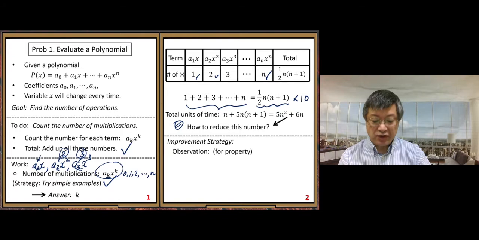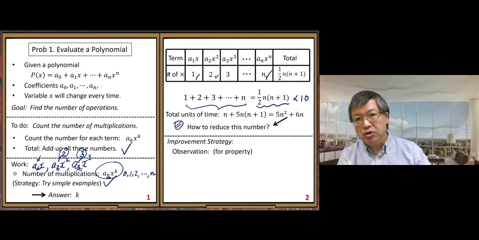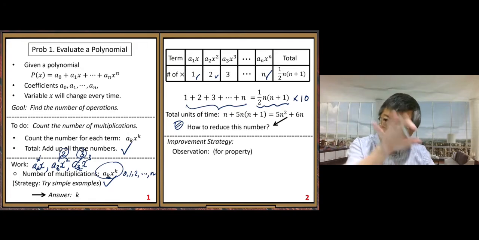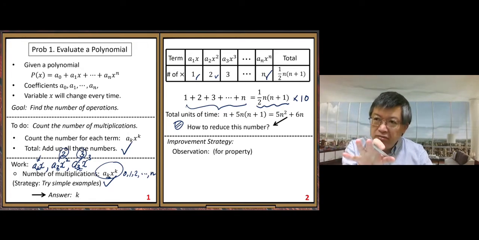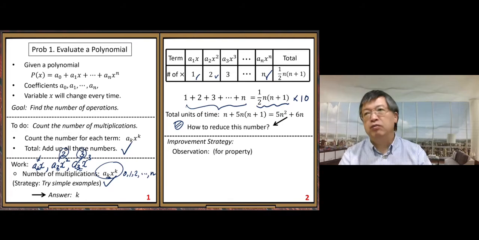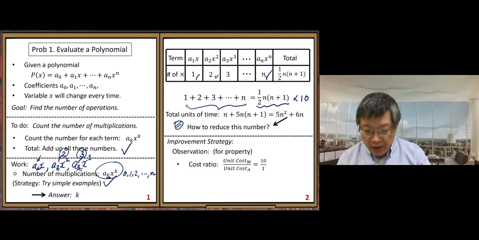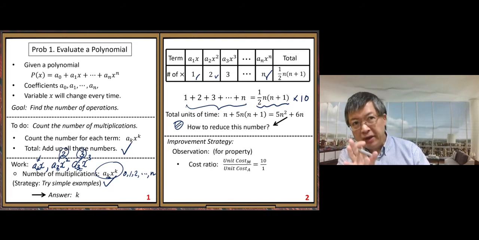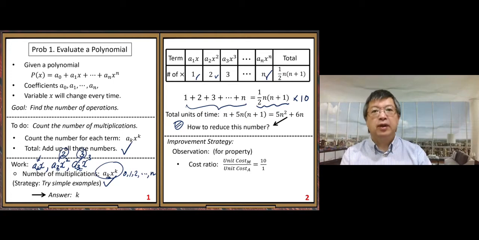What kind of observation? We want to find some special property, so we do some careful examination, trying to find an important property. Here we find this one, the cost ratio of the two operations.